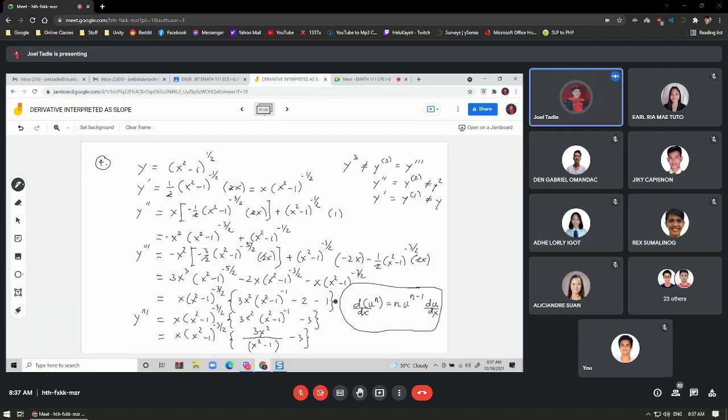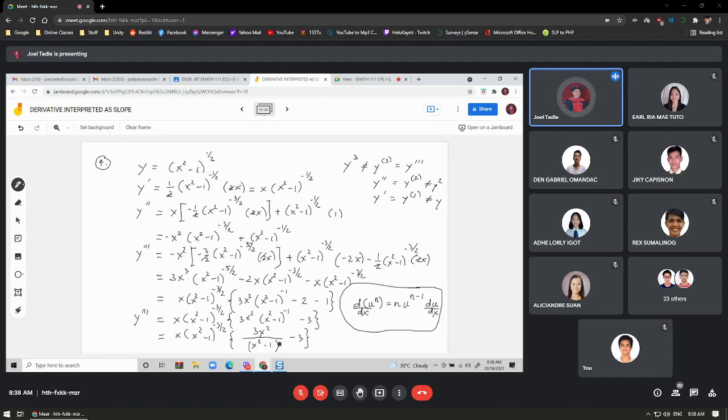Okay, so this time we multiply the 3x squared. We add the negative 2 and negative 1, no? Negative 3. Then we take the LCD. We bring down the expression with the negative exponent, negative 1.